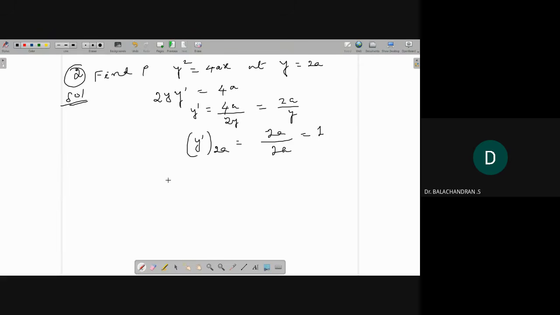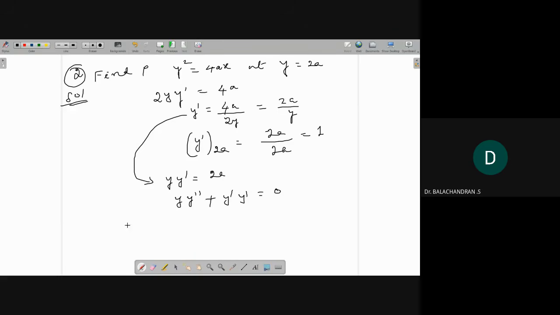So y into y dash is equal to 2a. Now if you differentiate with respect to x, the left hand side you have the UV method. Keep y, differentiate y dash, you get y double dash. If you differentiate y, you get y dash into y dash, equal to 0.